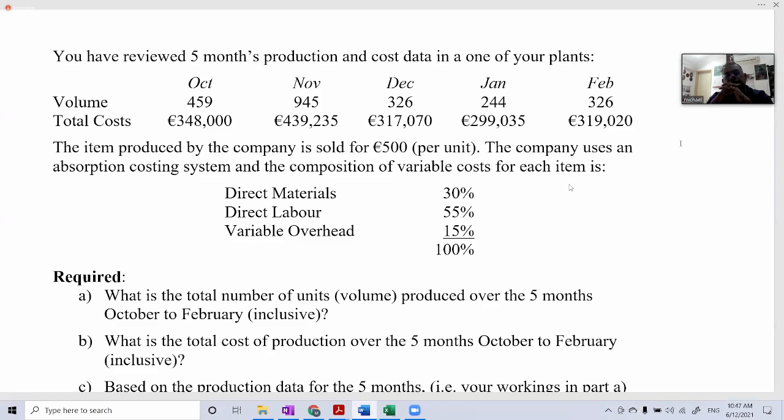Volume is given for October, November, December, January and February, with total cost given there. The item produced is sold for €500 per unit. The company uses an absorption costing system, and the variable cost composition for each item is: direct material 30, labor 55, variable overhead 15%.